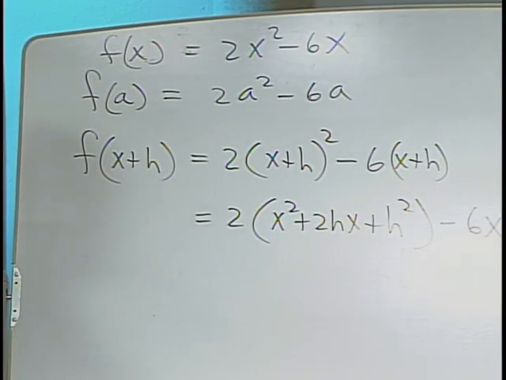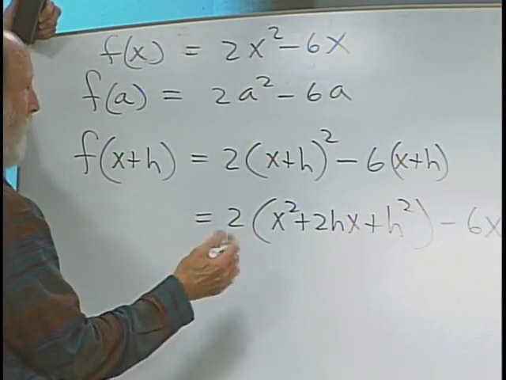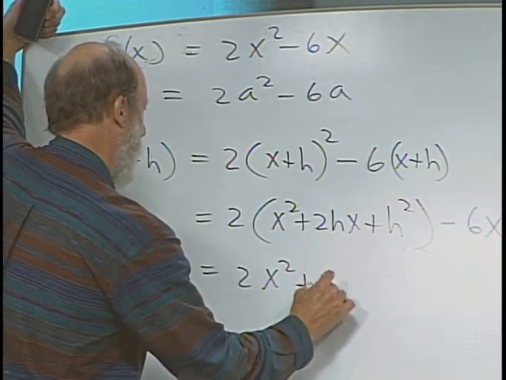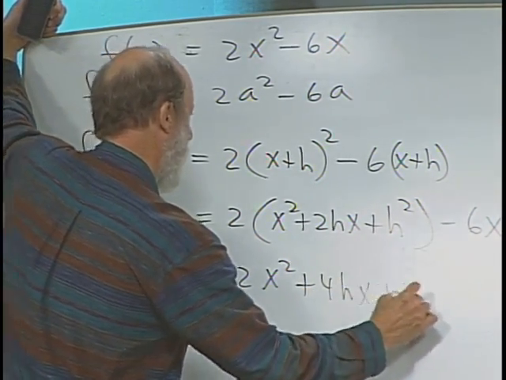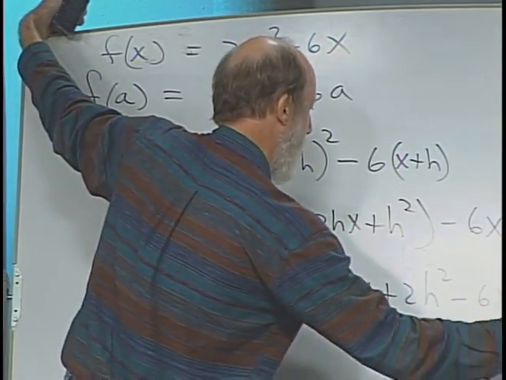Be careful distributing the negative 6. Then we're going to clean it up. Actually, it's kind of a mess, and I don't think it's going to clean up. So we end up with a 2x squared plus 4hx plus 2h squared minus 6x minus 6h.